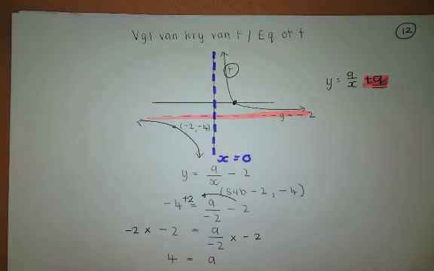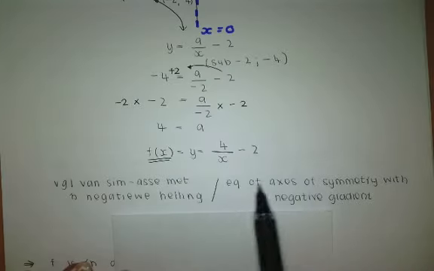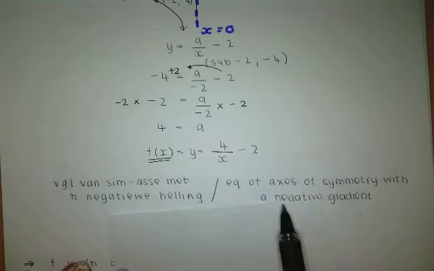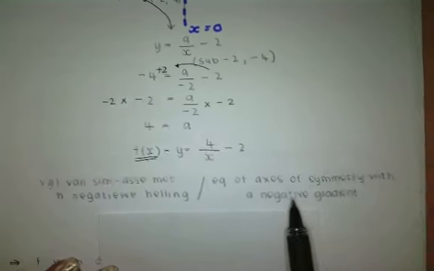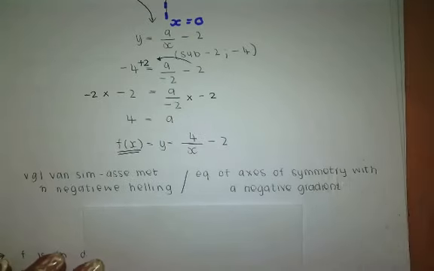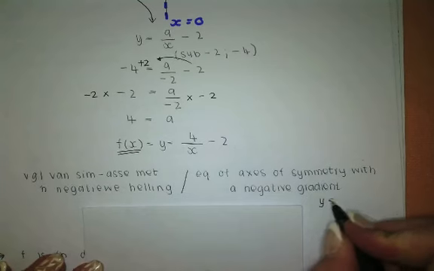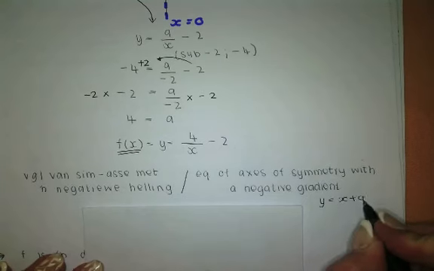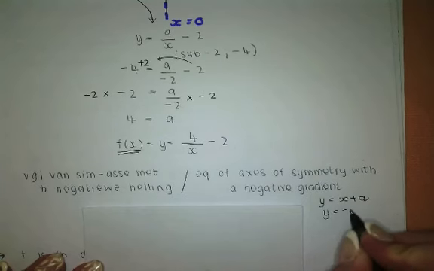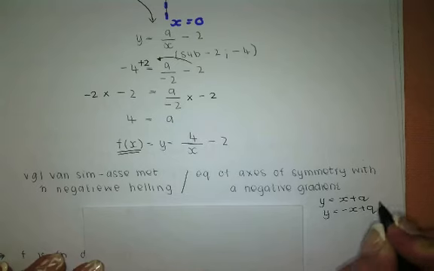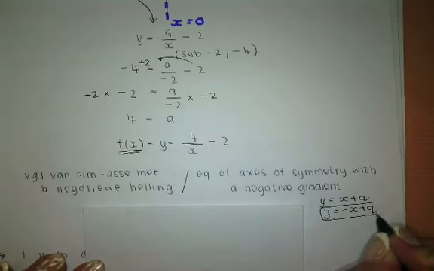Okay, let's have a look. It says, give us the equation of the axis of symmetry with a negative gradient. So we know we've got two axes of symmetry, one that's positive and one that is negative. They only want this one.